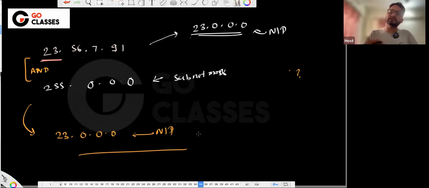We will not use this method, since we know how to calculate the network ID using the class: these bits are fixed, so I can easily calculate it by making all host bits 0. But this is not how a computer, a router, or any algorithm does it. From the algorithmic perspective, they have the subnet mask, do the AND operation, and find the network ID.